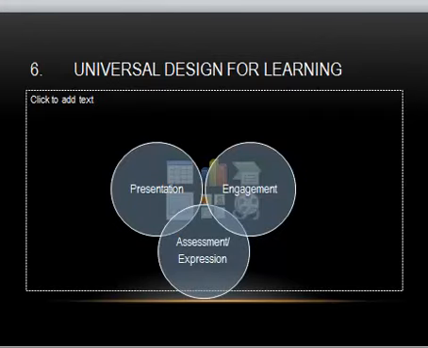Next slide, number 6, Universal Design for Learning. On the slide is an image of 3 circles that are all overlapping. Those in each circle is a different word. 1 is presentation, 2 engagement, and 3 assessment/expression.